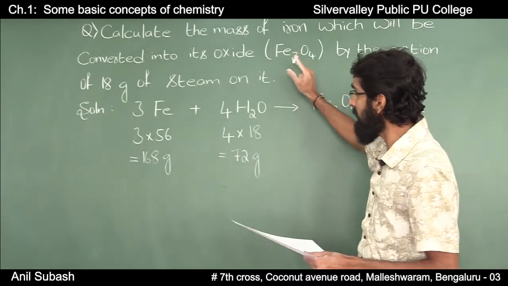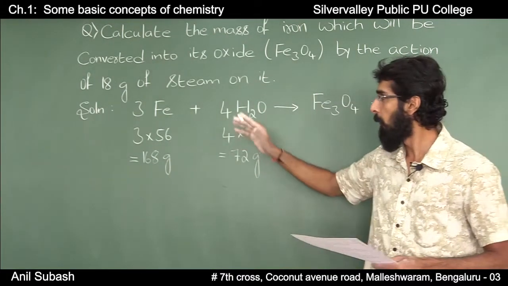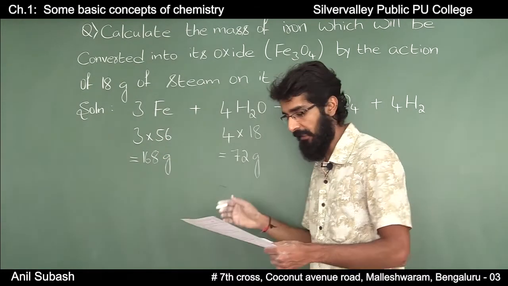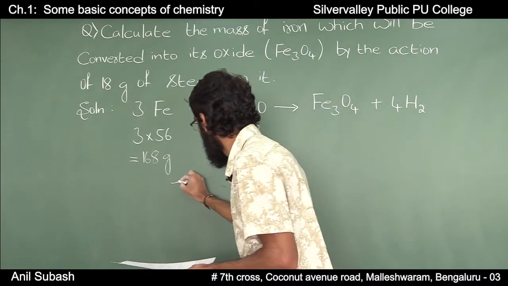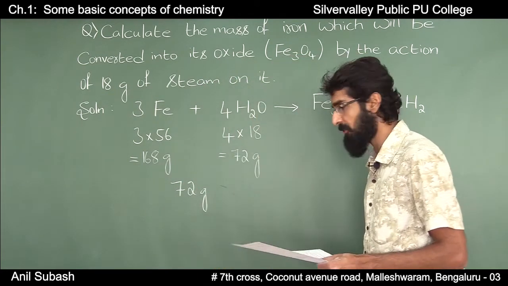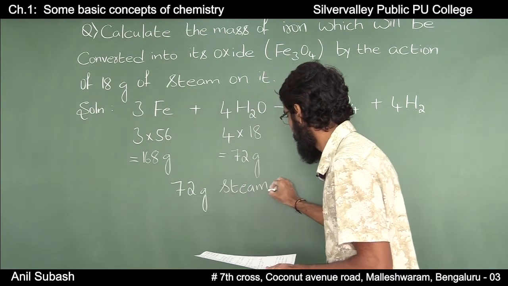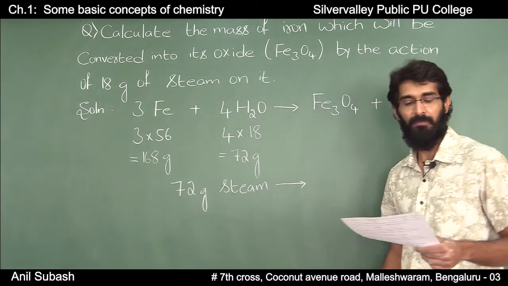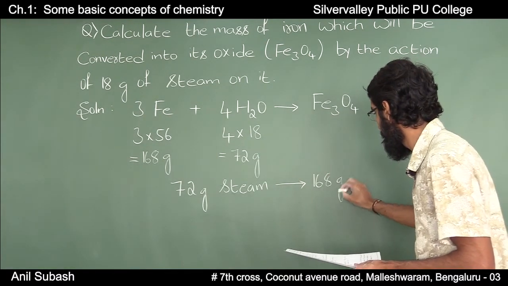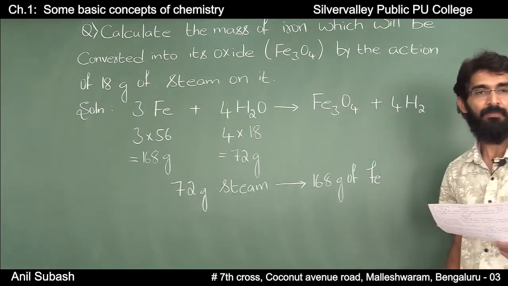Therefore, 18 gram of steam will convert what mass of iron into its oxide, that is 72 gram of steam will convert 168 gram of iron.